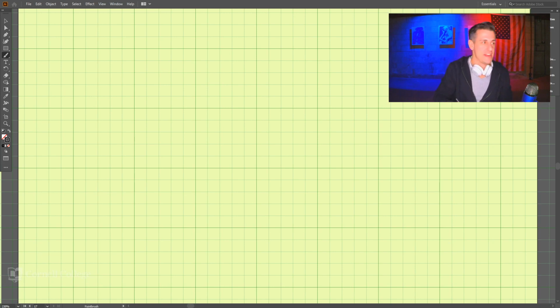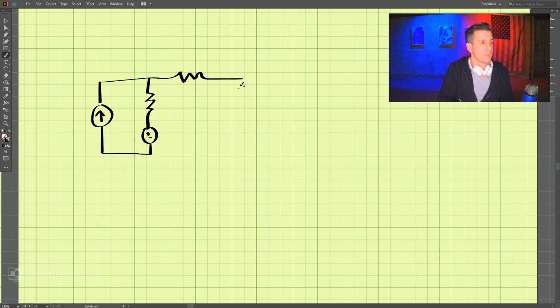Let's take a look at an example problem. I'm going to draw a circuit that has both a current source and a voltage source in it, and another resistor here.